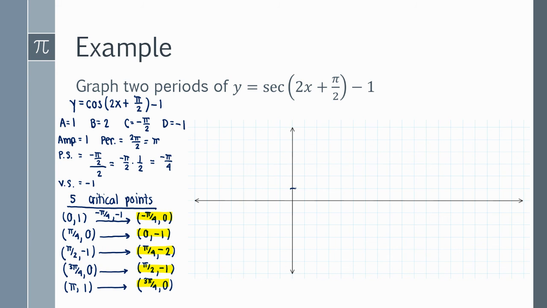So let's label the axes. Go up and down on the y by 1s. Okay, then we have our x-axis. So we're going up and down by pi over 4.